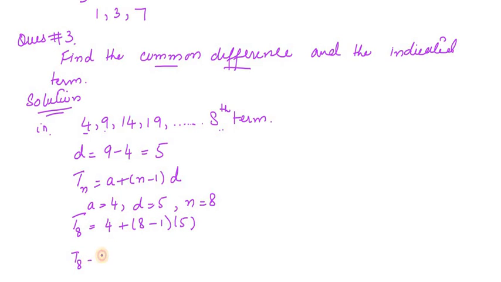So T8 is equal to 4 plus 8 minus 1, 7, times 5. 4 plus 35.